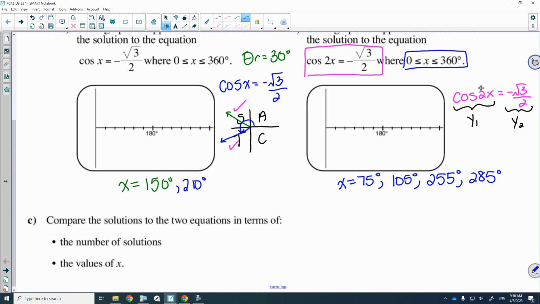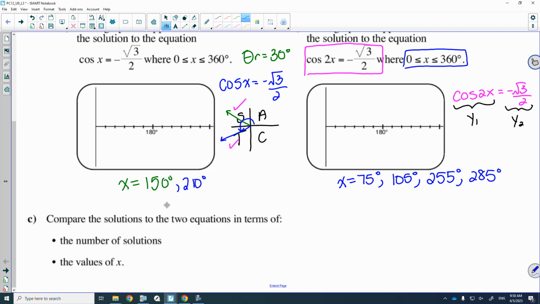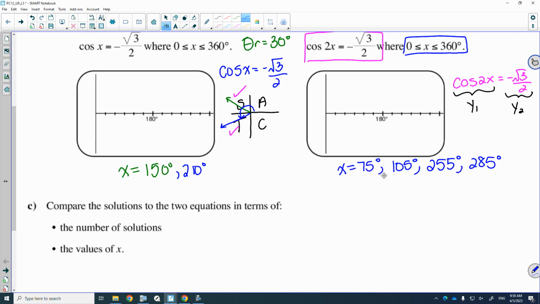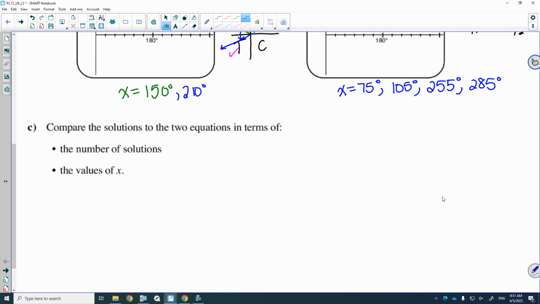So I sort of doubled the argument. In terms of the number of solutions. So when I double my argument, what do you guys notice about the number of solutions? They were doubled, okay? So in this answer, my argument was doubled. I actually have double the solutions.